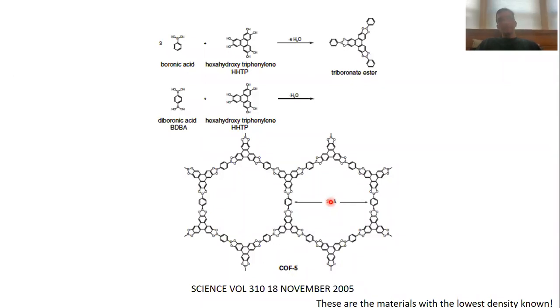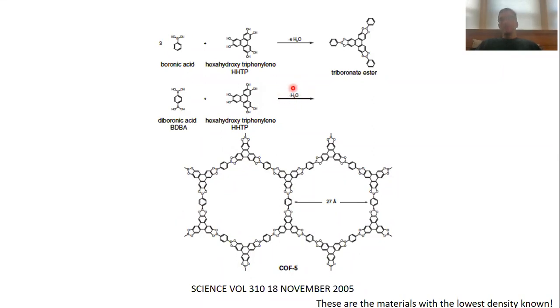Also this can crystallize fairly easily because the boron-oxygen bonds that are part of the ester bonds are labilized through the presence of water, which is present in the reaction mixture at the right concentration.